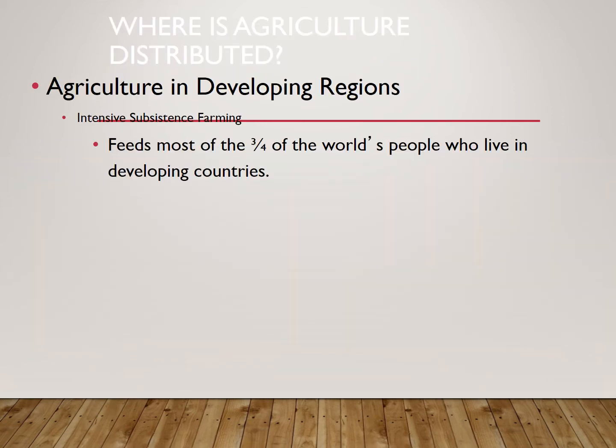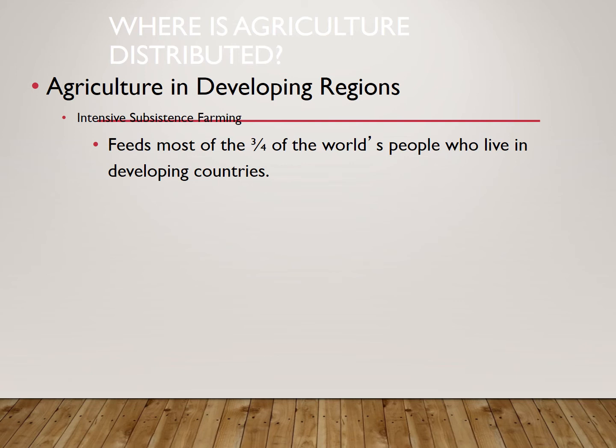Okay, we talked about the difference between intensive and extensive agriculture, but we also noted there's a difference between the two types of intensive agriculture. Whether you're in a less developed country or MDC, you're going to be more likely to subscribe to one of these.